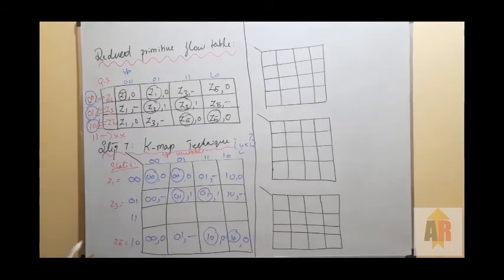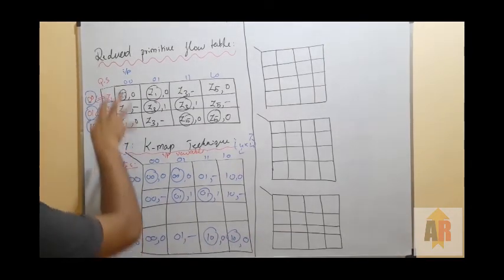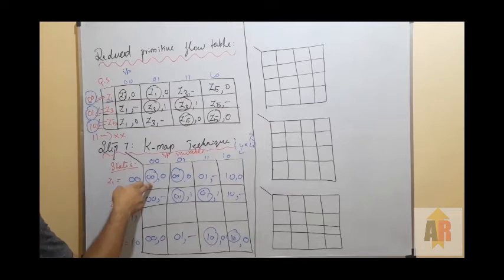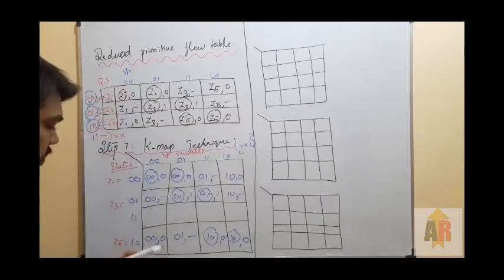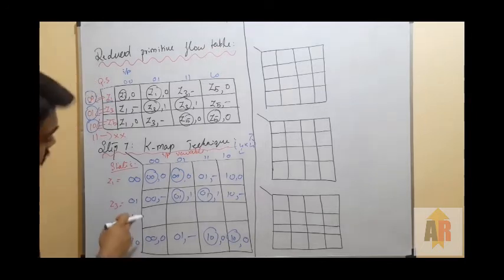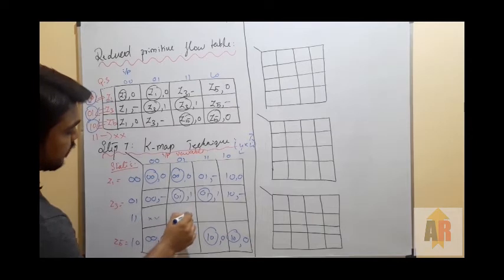So it's done. You have perfectly mapped this part in your schema while assigning a value to these states. It's a very good thing. Still, here 1 1 is not available, which means don't care.